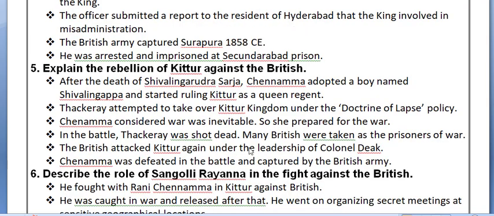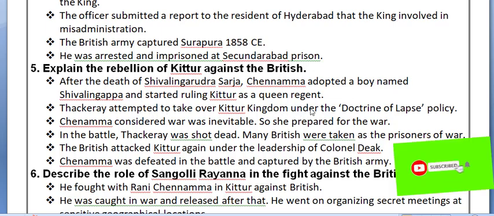The next question, explain the rebellion of Kitturu against the British. After the death of Shivalinga Rudra Sarja, Chennamma adopted a boy named Shivalingappa and started ruling Kitturu as queen regent. Thackeray attempted to take over the Kitturu kingdom under the doctrine of lapse policy.